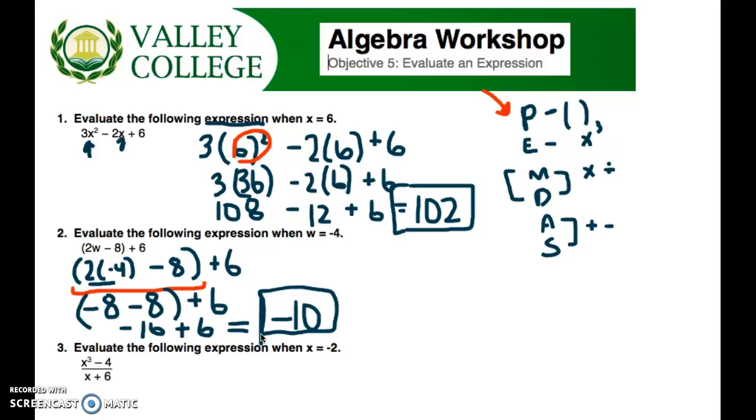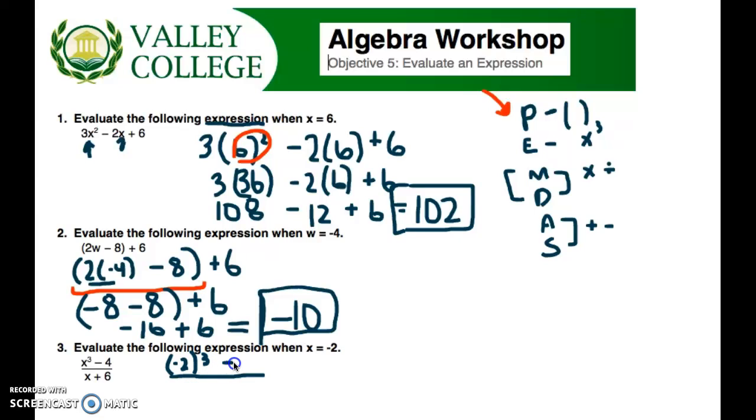In this third example here, we're going to evaluate an expression again, and this time we're dealing with a fraction bar. Okay, so here's my expression, x cubed minus 4 divided by x plus 6. I'm going to evaluate this expression for x as being negative 2. So instead of x to the third, I'm going to rewrite it as negative 2 to the third power.